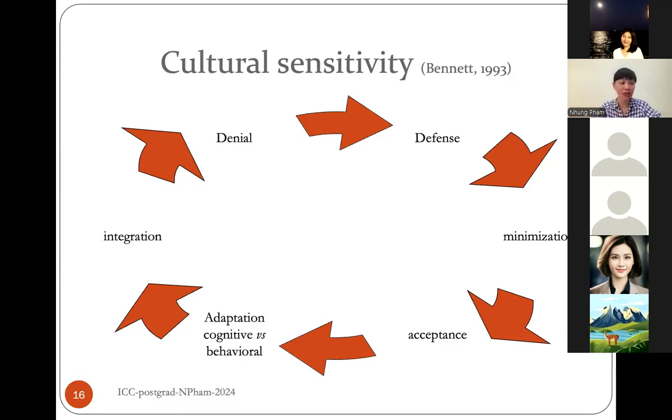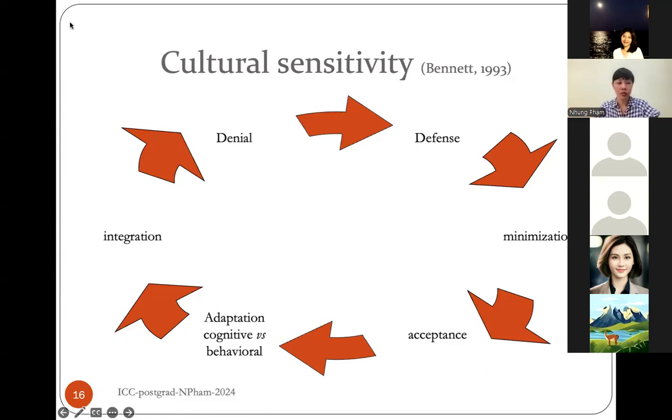And finally, and hopefully, ideally, there will be a stage when we become more capable of integrating, or successfully adapting to the new culture, behaving like the people who grew up in that culture. Especially if we learn English as a foreign language, we'll be able to use English to communicate and function successfully in intercultural contexts.